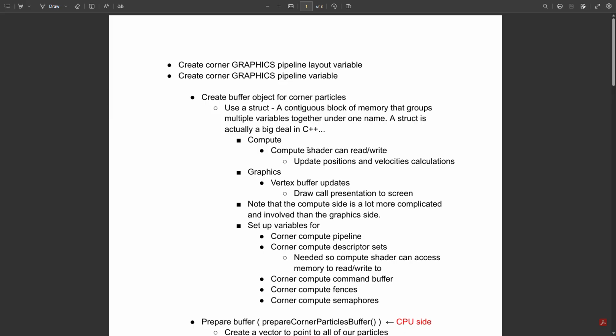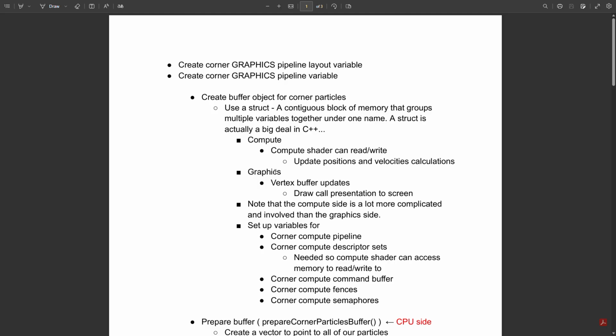So if you've been hanging with us for a while, you know that every time we change a shader, we have to compile the shader into SPIR-V format so that the application can read the SPIR-V file and do what we ask the shader to do, right? So the compute shader needs to read and write to it.